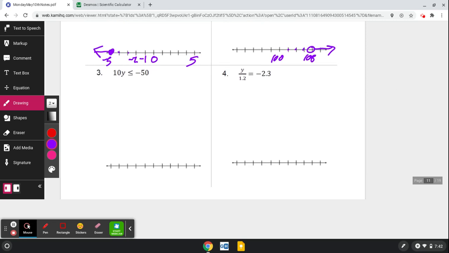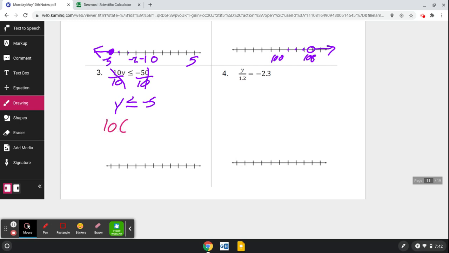All right, divide by y. To get y by itself, we divide by 10. Now, is my 10 negative? No. So my inequality stays the same. And because I know on your homework, you need to check your work, so let's check our work. Is 10 times negative 5 less than or equal to negative 50?